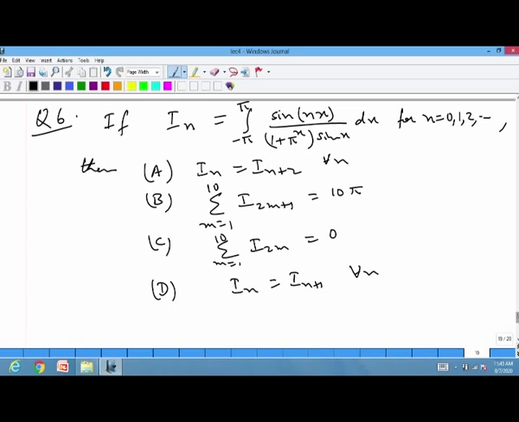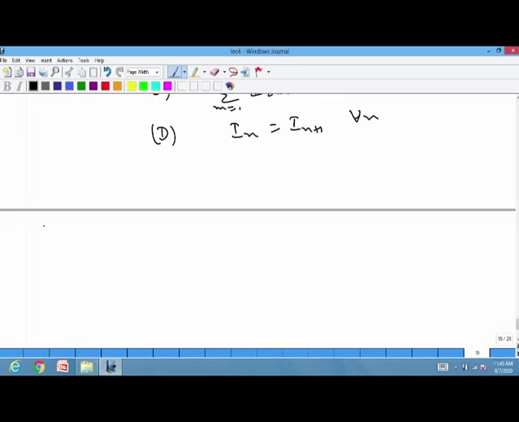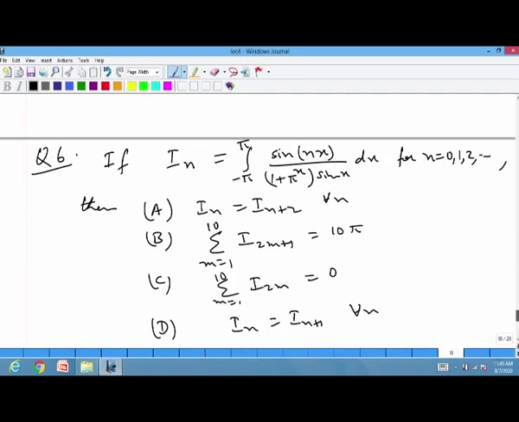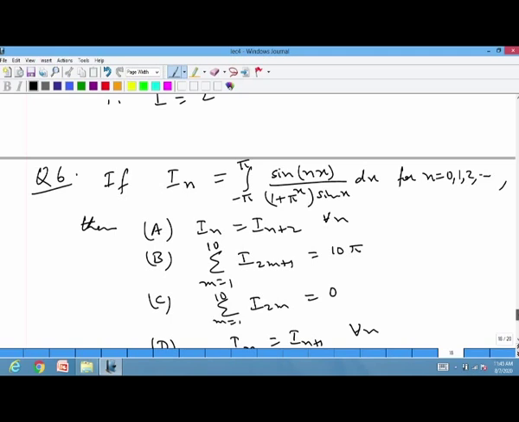So, we are given this integral I n, the integral from minus pi to pi of this thing.